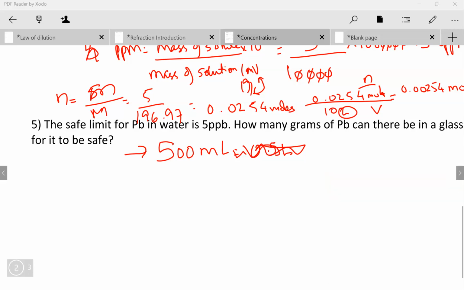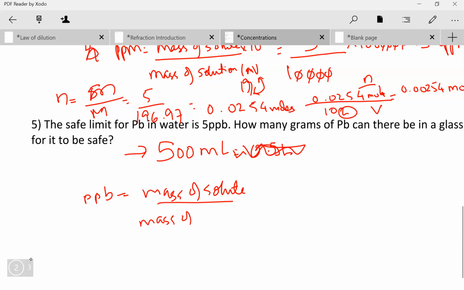How many grams of lead can there be in a glass of water for it to be safe? So the accepted limit is 5 parts per billion. So if you think about it, we have 500 milliliters of water. So we know that the parts per billion formula is mass of solute divided by mass of solution times 10 to the power of 9.